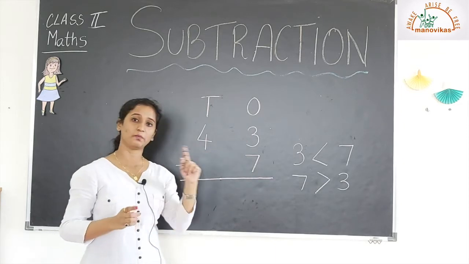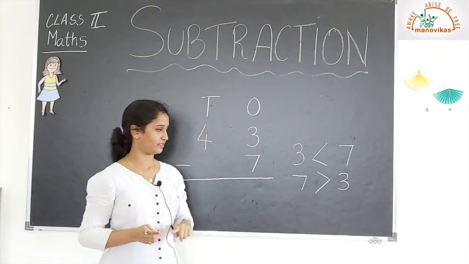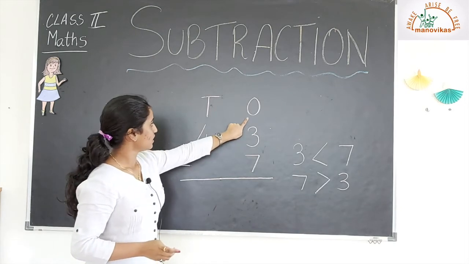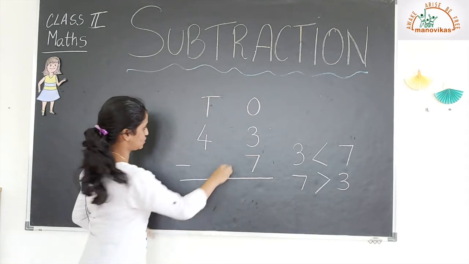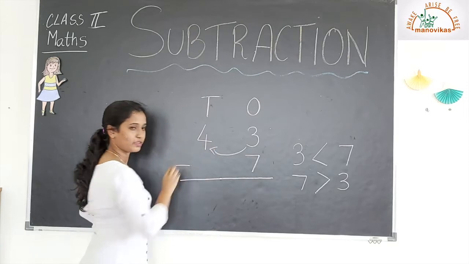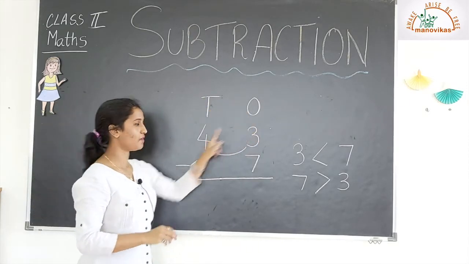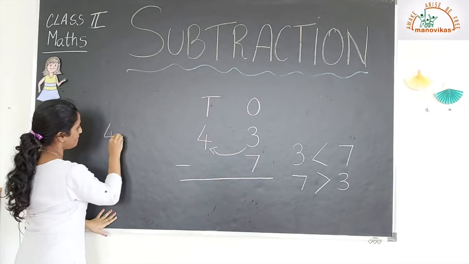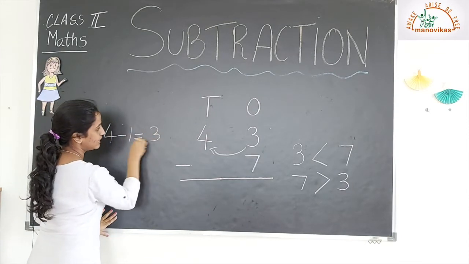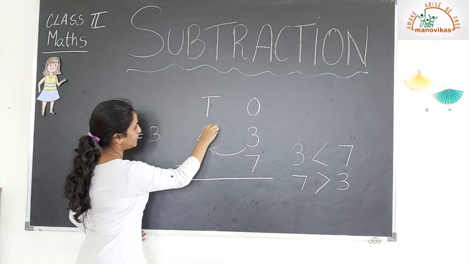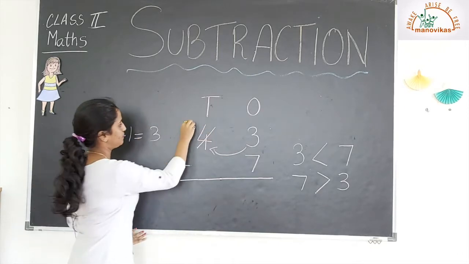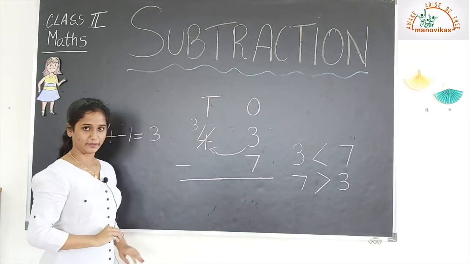Now we use the borrowing and giving away method. So the ones column will borrow from the tens column, and the tens column is going to give away 1. So 4 minus 1 will be 3. So we cancel 4 and replace it with 3.